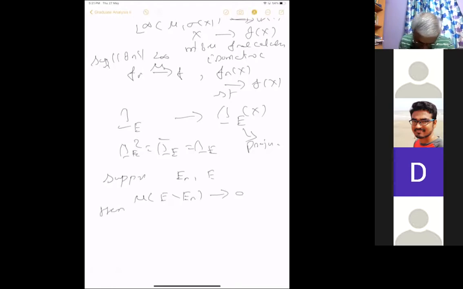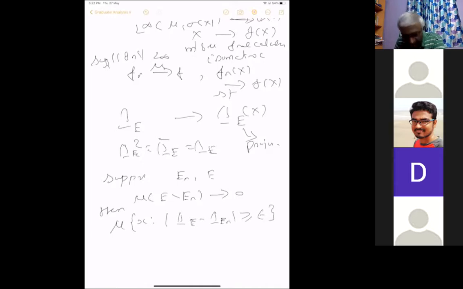Then I want to claim that 1_{E_n} converges to 1_E in measure. So let us consider all those x such that, this is the definition of convergence in measure, |1_E minus 1_{E_n}| is greater than epsilon. But this can take the value 1 or 0. It cannot be anything else.